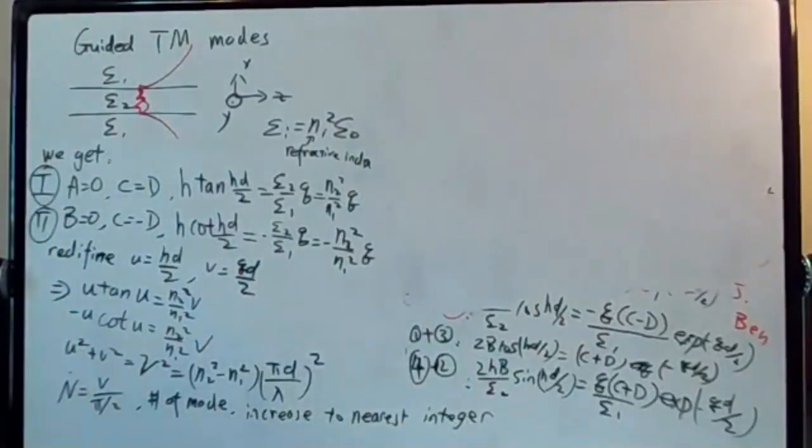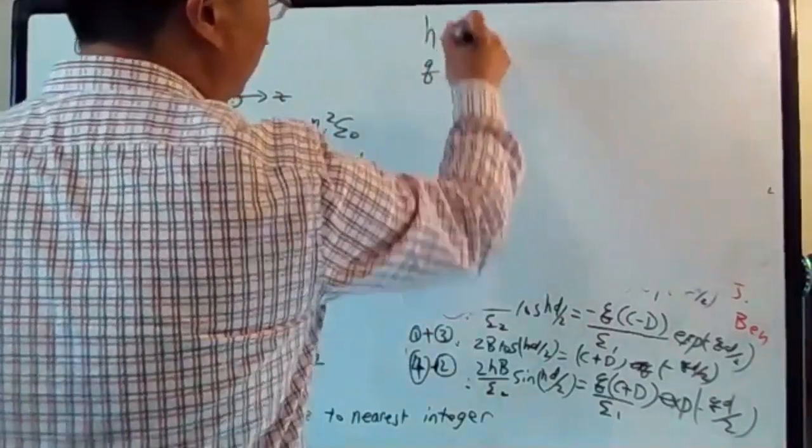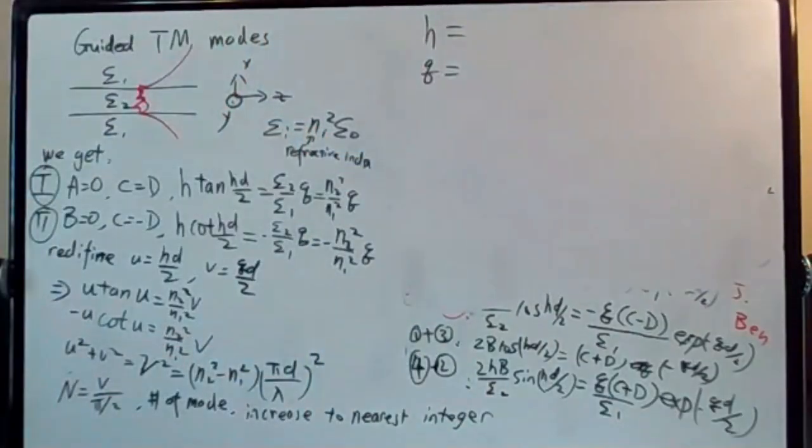Then my little u square plus v square. So let's see how much is h and how much is q. I need to look at my notes. It depends on the solution.